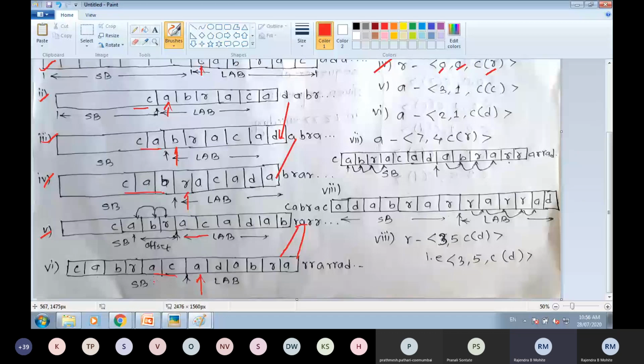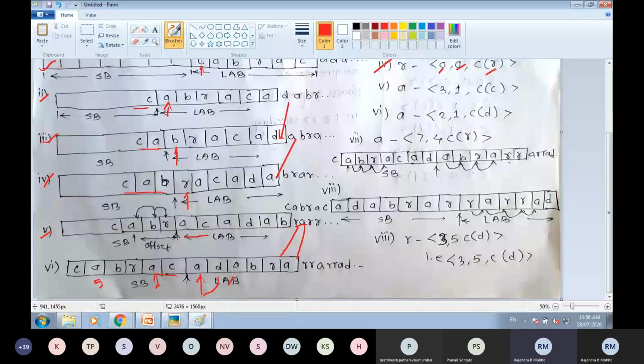So we have found two matches for A. But observing after this A, the next alphabet is D, then A. Is A D present at the fifth position? No. At the second position, is D present? No. So instead of increasing the offset value, I just consider the smallest value here.